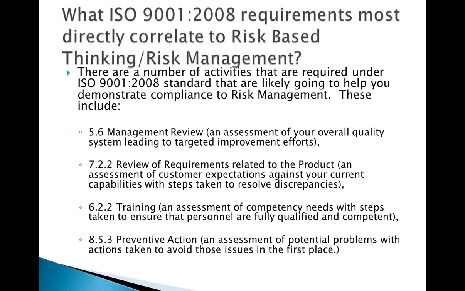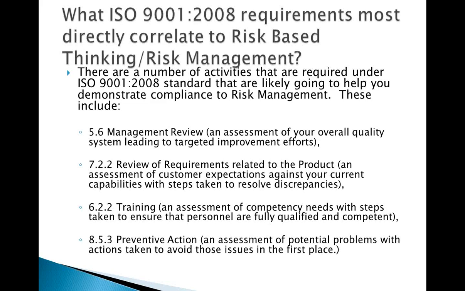So what are some of those things? Management review, right? You sit down and you talk about what's going on in your quality system, and you identify we can improve this, we can take action in this area, and so forth. That's risk-based thinking. 7.2.2, review of requirements related to the product.